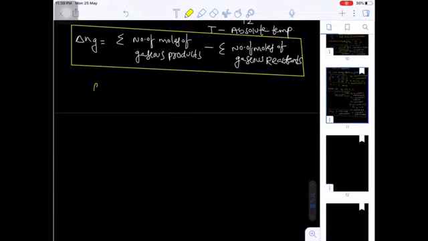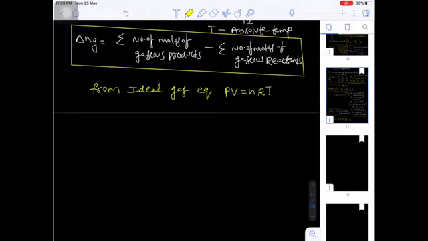Now we know from the ideal gas equation, that is PV is equal to nRT. So P is equal to n by V into RT. What is the n? Number of moles. What is the V? Volume.